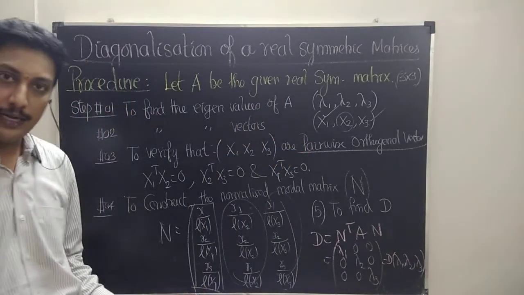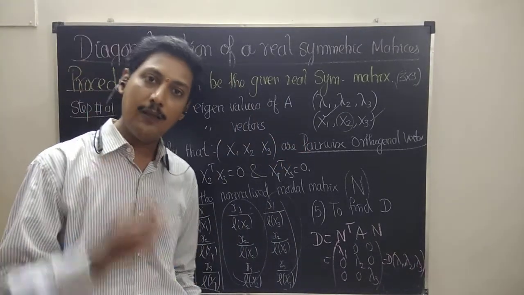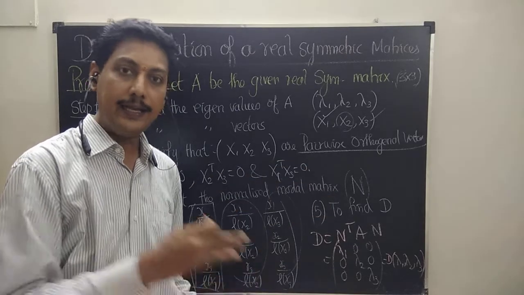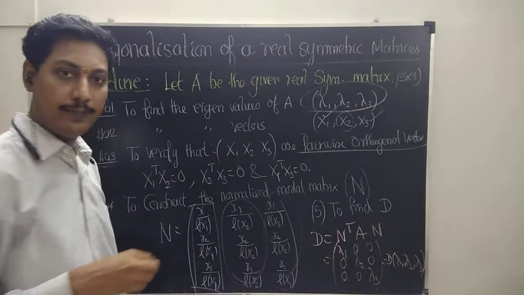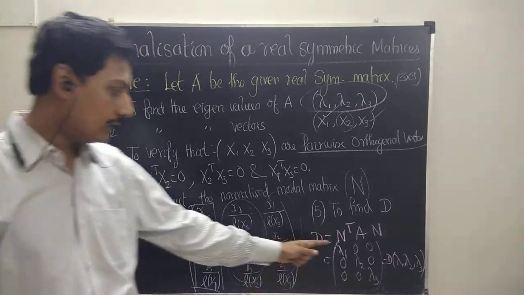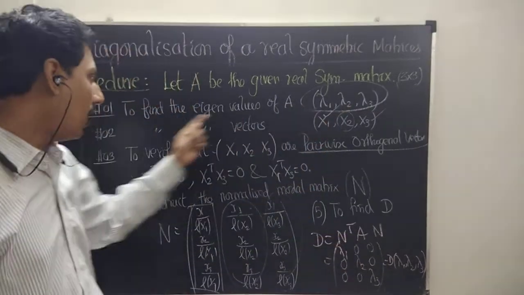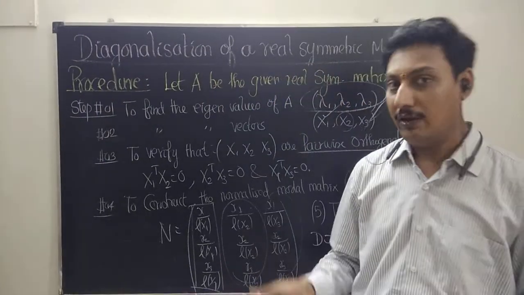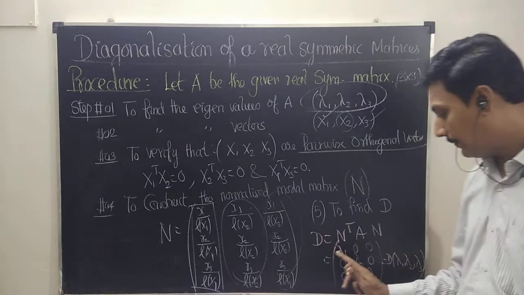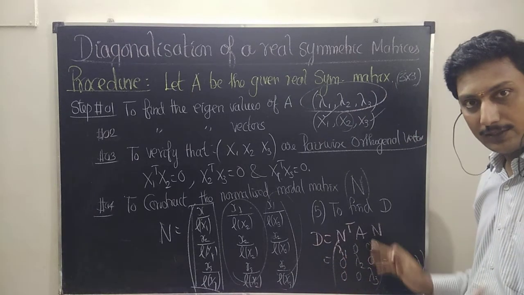This is the diagonalization of the real symmetric matrix: a diagonal matrix whose leading diagonal elements are nothing but the eigenvalues of the given matrix, lambda 1, lambda 2, lambda 3, the eigenvalues of A. Once we find the eigenvalues, we know the answer: lambda 1, lambda 2, lambda 3. That's right.